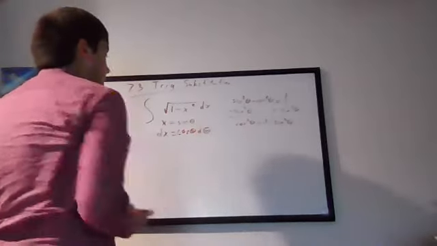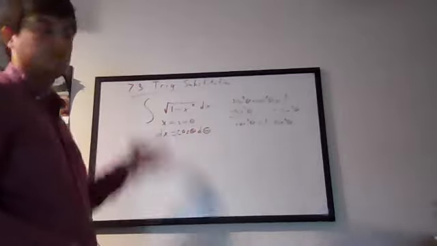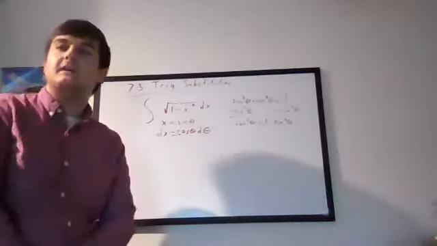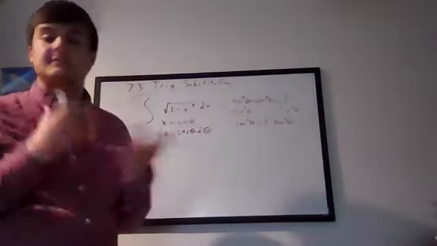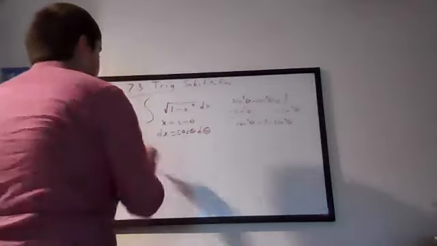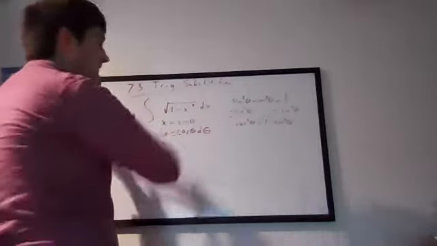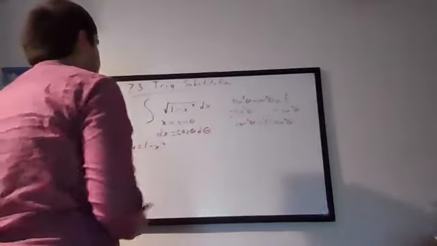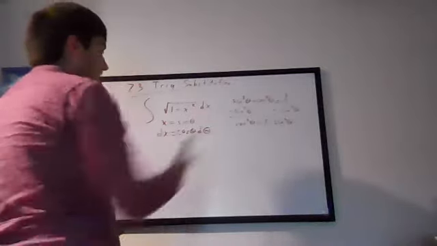And by the way, this may look weird at first, what we're doing at the moment. But this is what the book calls an inverse substitution of sorts. We're still substituting, but instead of saying u equals 1 minus x squared and then getting du and working from there, I am not saying u is some function of x.